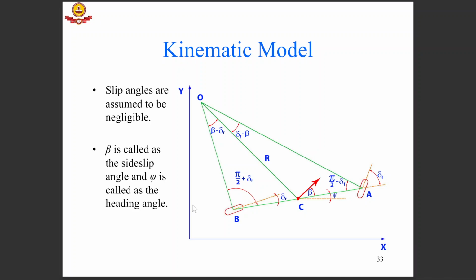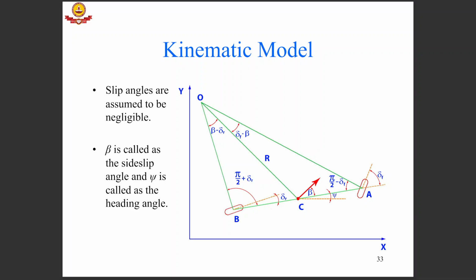So this is the kinematic model, and here we are considering the bicycle model where we are merging the rear wheels as one single wheel and front wheels as one single wheel.